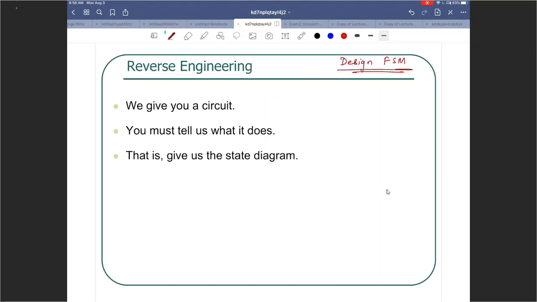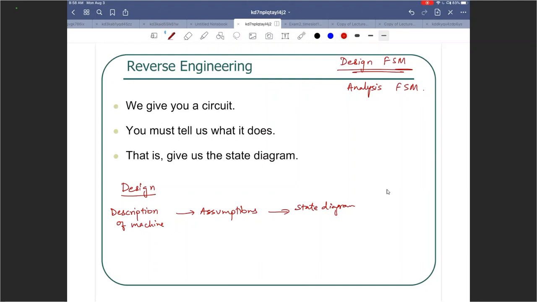Now we are going to do the reverse process, which means the analysis of FSM, right? So what is the design? What is the analysis? So design process starts with the description of the machine, and then it goes through assumptions and it goes through the state diagram.